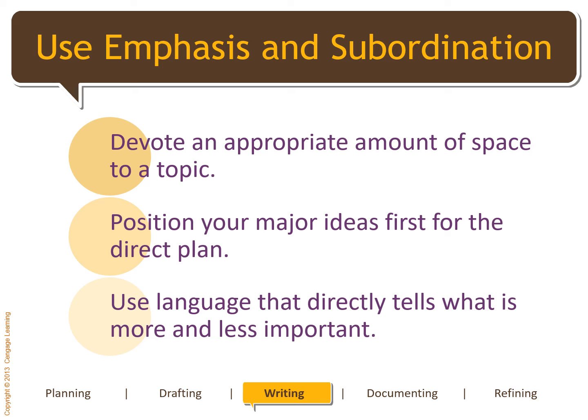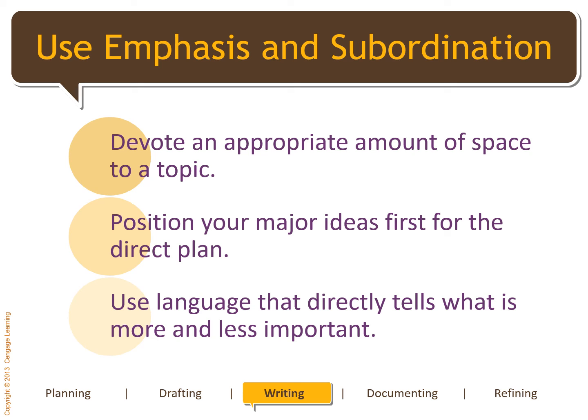You position your major ideas first for the direct plan. Remember, in previous chapters we talked about direct and indirect plans. In the direct plan, you present your idea first, and then you provide supporting points. In the indirect plan, you provide your supporting points first, and then you present your idea.